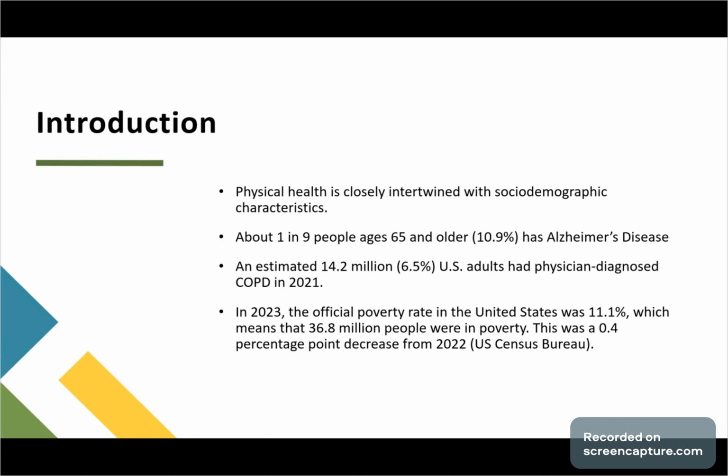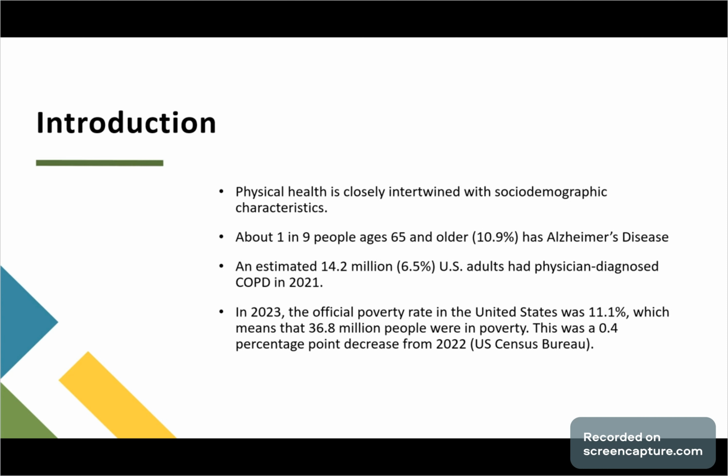The broad concept is that physical health is connected to poverty. Poverty is one of the 5 domains in the social determinants of health, and that is really the framework that public health officials use. How many people have COPD? About 14 million people, 6.5%.